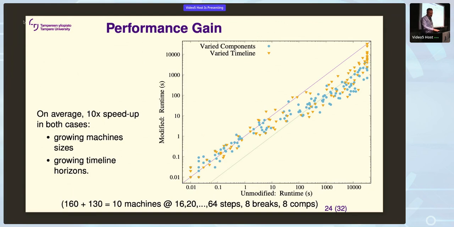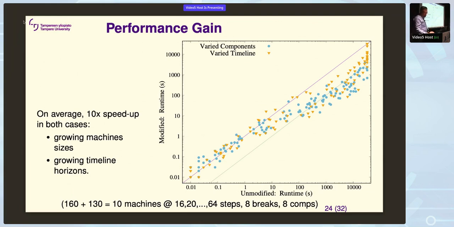We tried to check that the machines have different components. The same component is not repeated. And for different sizes of a machine, for each size, we generated 10 random machines. And then those same machines were used in all experiments consistently.